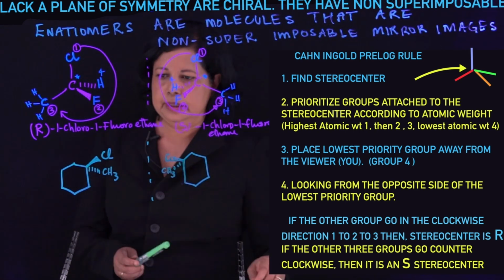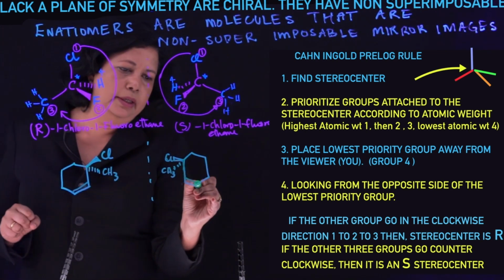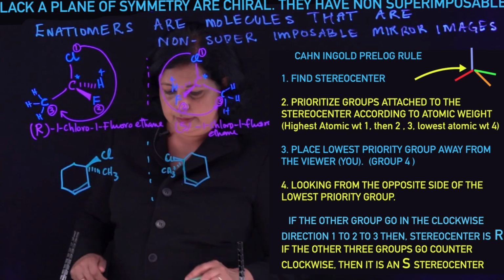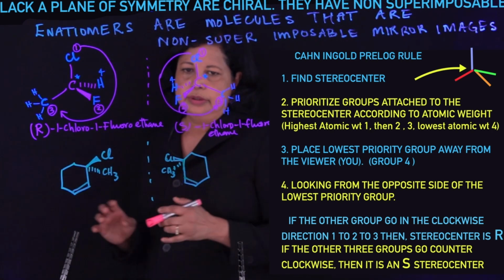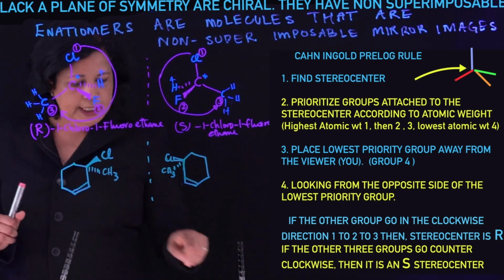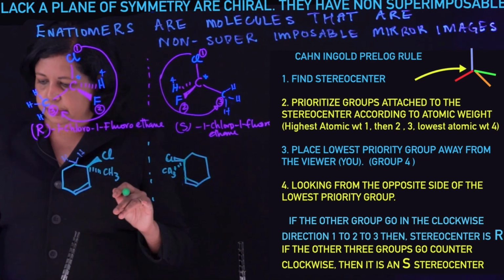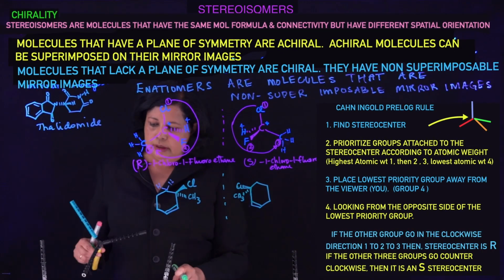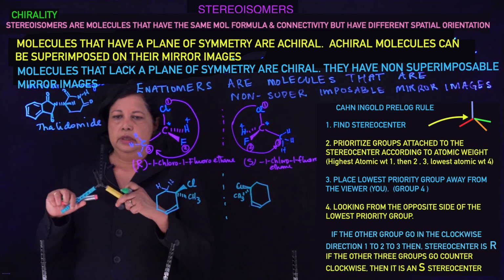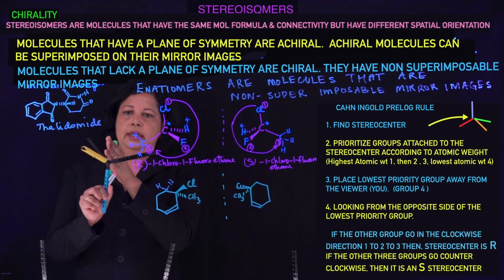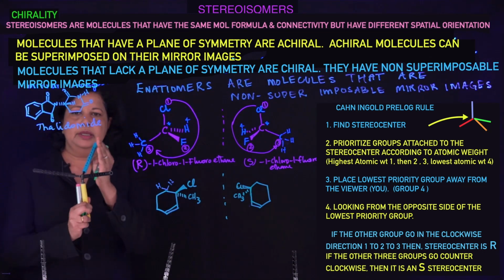So how would you do something like this, where you have a, let's say, a double bond here and a double bond here? First, find the stereocenter. So these are CH2s. If you have two things that are the same, we saw that you have a plane of symmetry. So let's say you have two hydrogens here, you can cut right through here and get a plane of symmetry for this molecule between this and this.